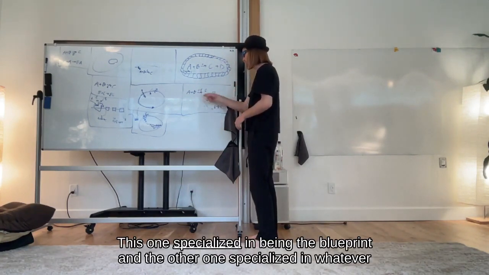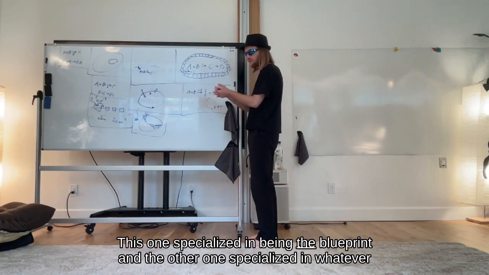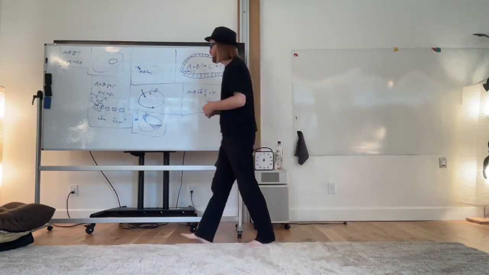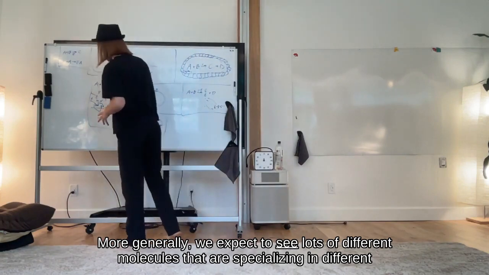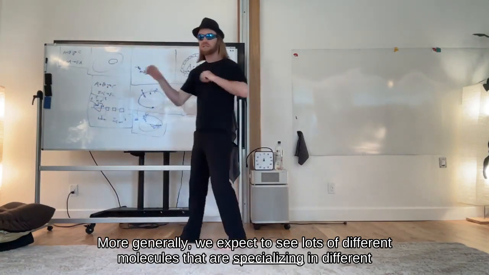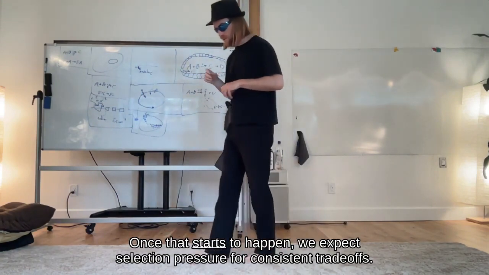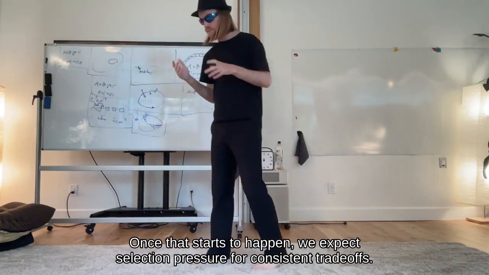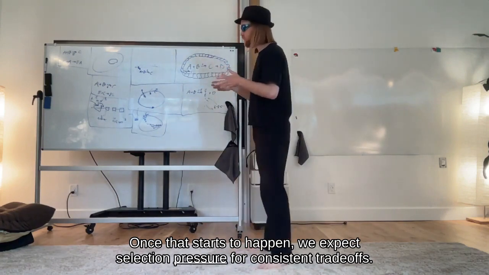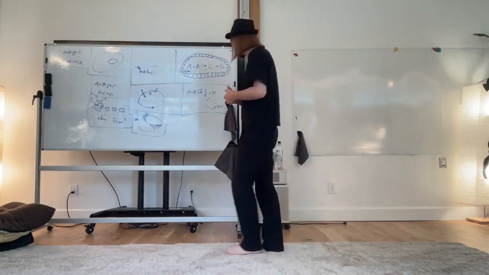This one specialized in being the blueprint, and the other one specialized in whatever functional stuff. More generally, we expect to see lots of different molecules that are specializing in different roles. Once that starts to happen, we expect selection pressure for consistent trade-offs.